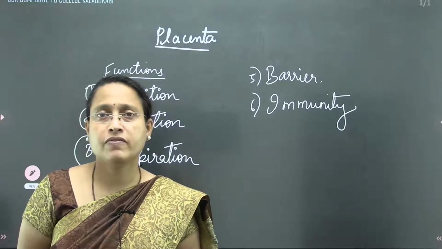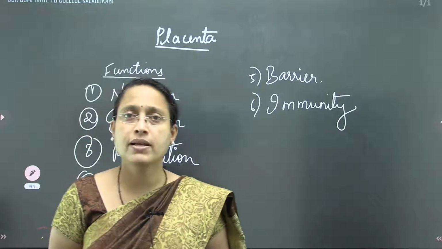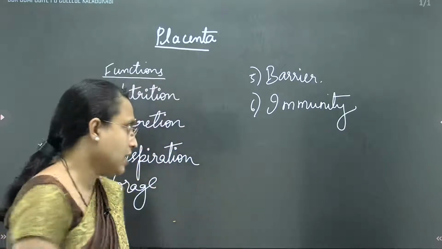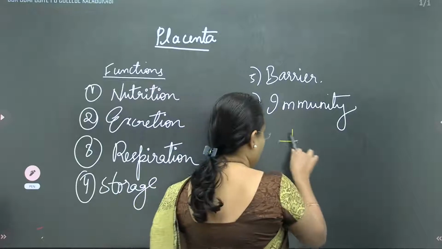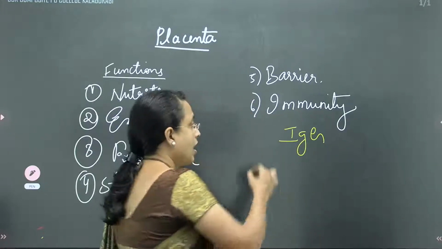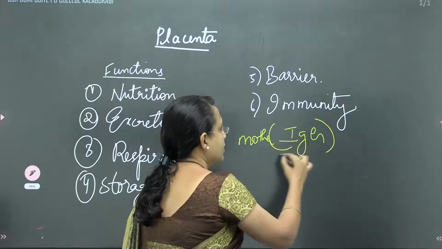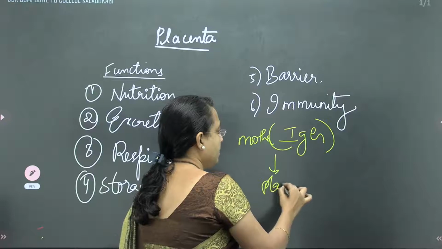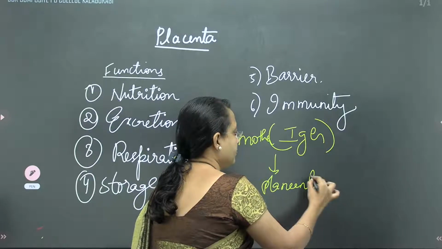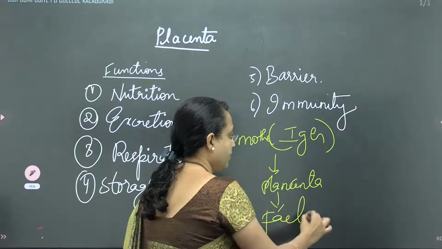There are many types of antibodies, but out of those only one passes from mother to fetus. So one of the immunity molecules is what? IgG. IgG from the mother is going to pass through the placenta and reach where? Reach the fetus.